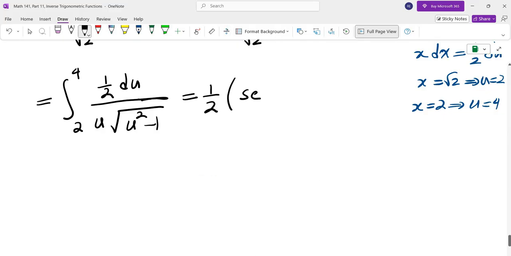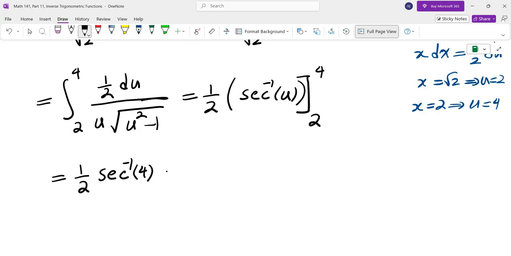So this would be secant inverse of u, but we have to evaluate that from 2 to 4. Let's plug in the values. We get 1/2 secant inverse of 4 minus secant inverse of 2.